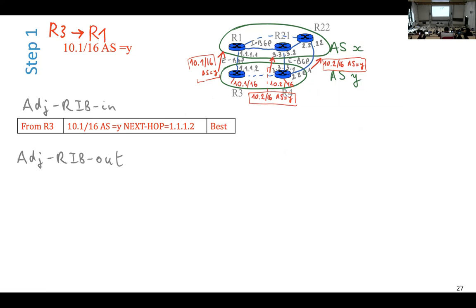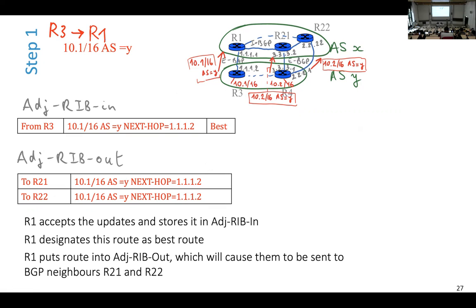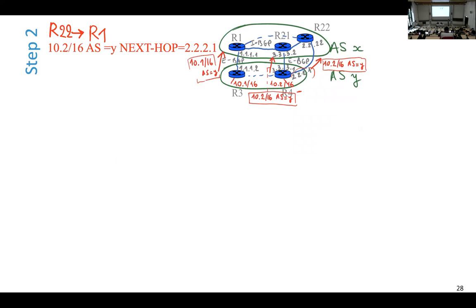What about the other route? That's a new route that R3 has learned externally. It will repeat it internally. It will send it to R21 and R22 over IBGP. It's good to remember that the next hop is not yet changed. It's always 1112. And that's what I have explained here. Again, in the time that we were discussing, R22 has received a route to 10.2 from R4, and it will announce it to R1 over IBGP.